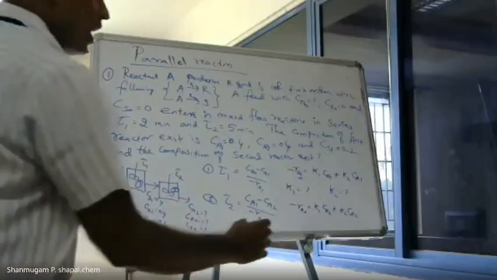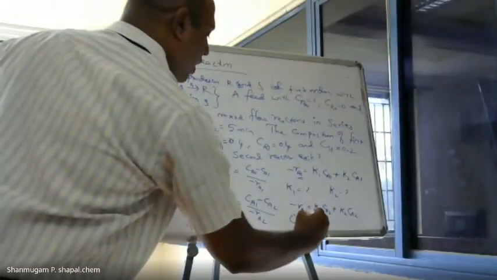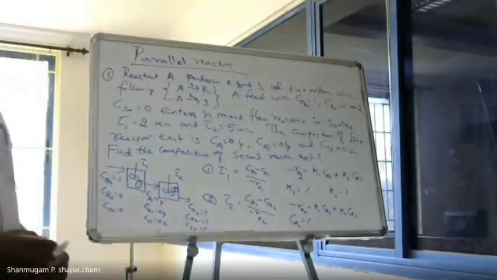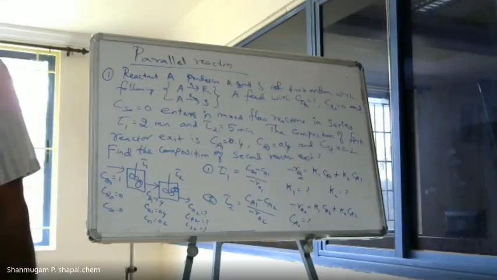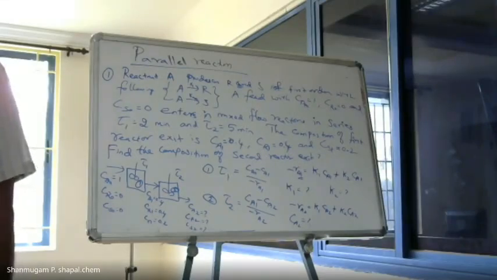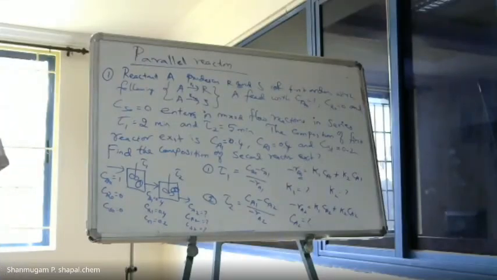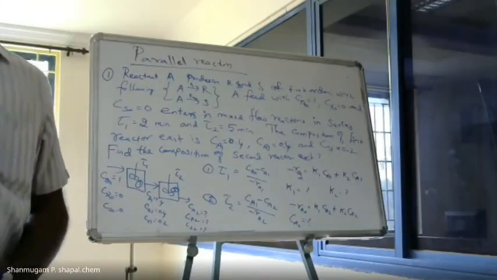If you know this value, then you can find out CA2 here. If you find CA2, then you can also find out CR2 and then CS2. Please do it and send me the answer for CA2. I need the answer for CA2.